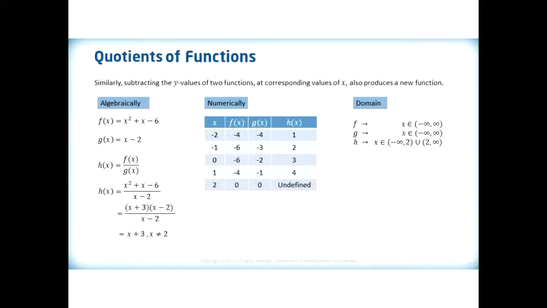So for our example this time, we'll start by choosing the quadratic for f of x, x squared plus x minus 6, and for g of x, we'll use a linear x minus 2. So our quotient function will be h of x is equal to the quotient f of x divided by g of x.